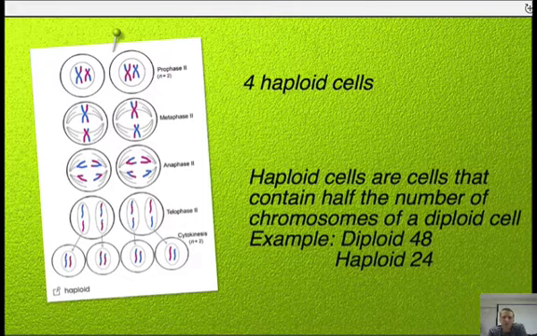I give you the example here because you're going to have to know it. So a diploid has, let's say, 48 chromosomes, and then a haploid cell is going to have 24. Because remember that haploid cells have half the number of chromosomes of that diploid cell. So that's a big difference between mitosis and meiosis: meiosis produces 4 haploid cells, whereas mitosis produces 2 diploid cells.